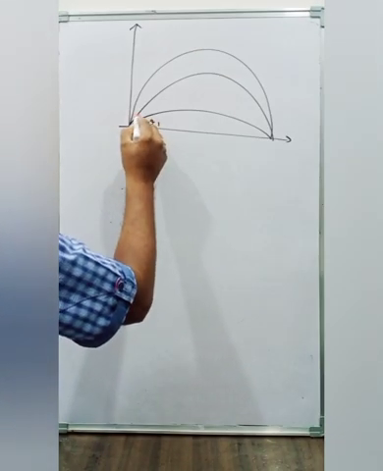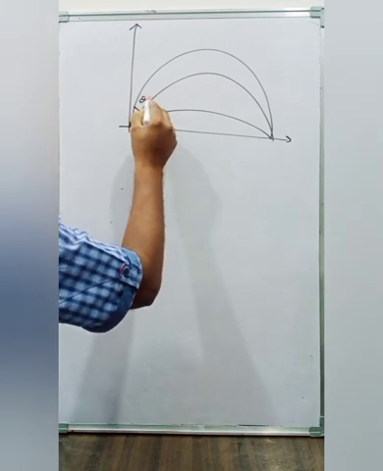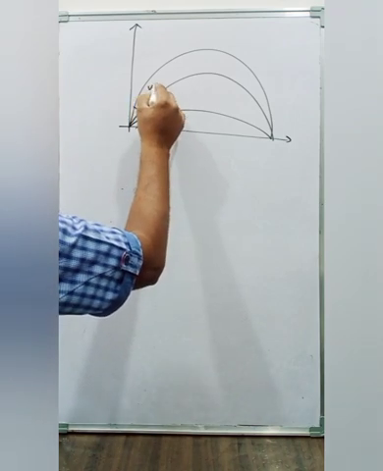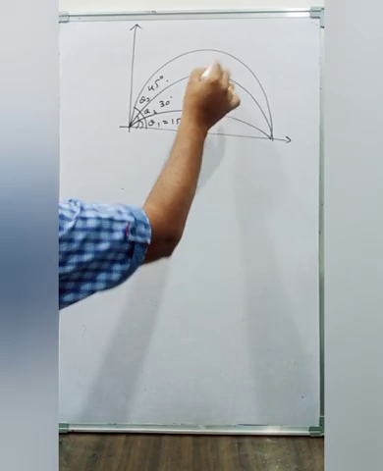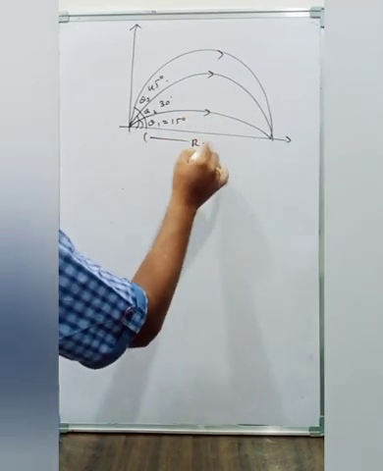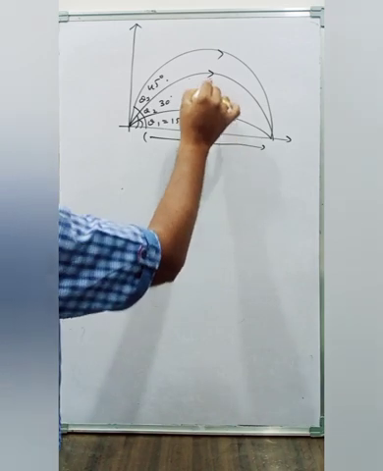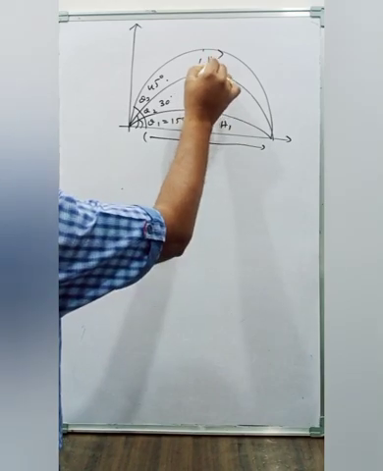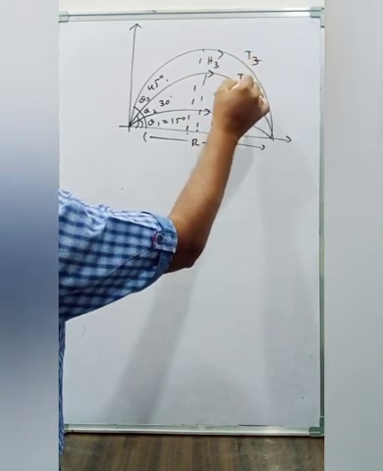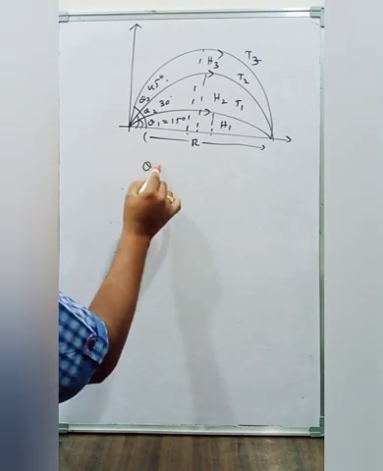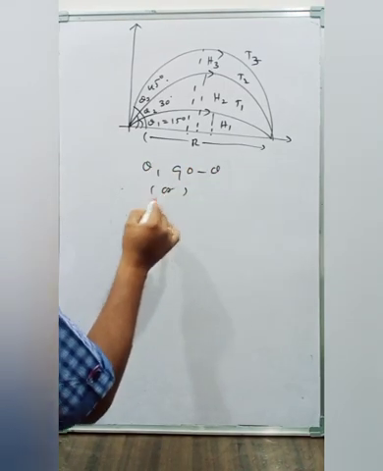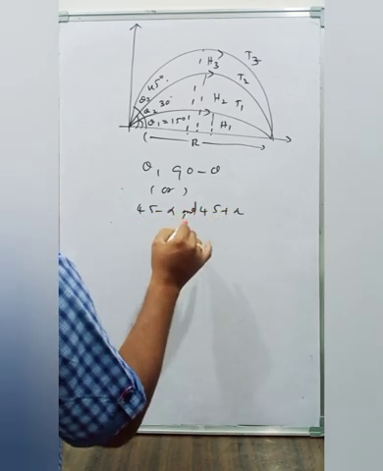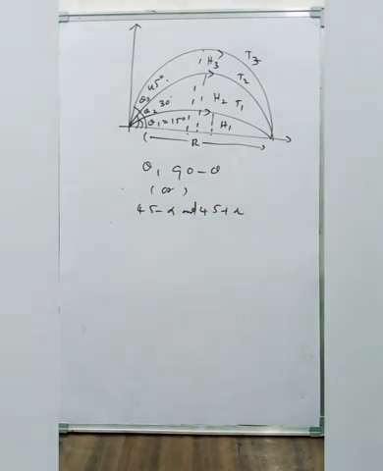Here theta 1, theta 2, theta 3, so you can call this 15, 30, 45 degrees, and so on. So the range of the projectile is the same, but the heights are different, and the times of flight are also different. Here theta and 90 minus theta, or 45 minus alpha and 45 plus alpha, are the complementary angles.